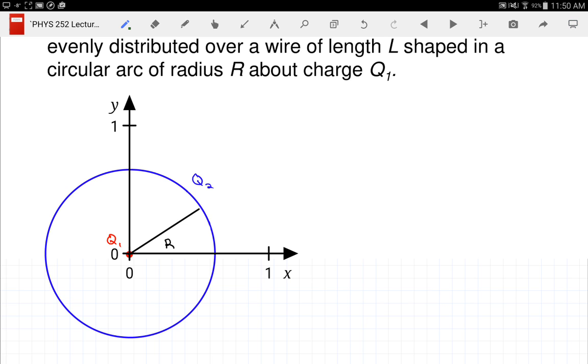Next, we need our concept. So what is our concept here? That is not a truly rhetorical question, but pretty close. Truly rhetorical means I don't expect you to answer. It's close because you should all know the answer. What is our concept here? Coulomb's law. Yes.